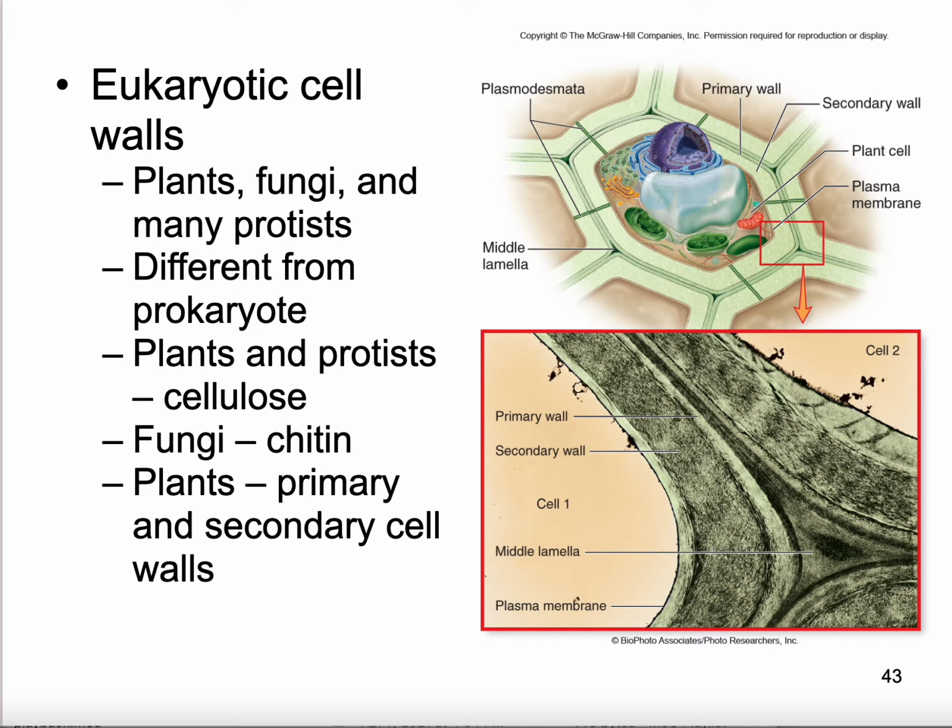That's it for motion. I want to mention a couple of things that are on the outside of the cells. So we call those extracellular structures on the outside of the plasma membrane. Many eukaryotic cells, as well as pretty much all prokaryotic cells, have cell walls. This is not the same as plasma membrane.